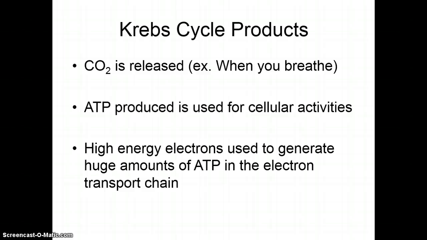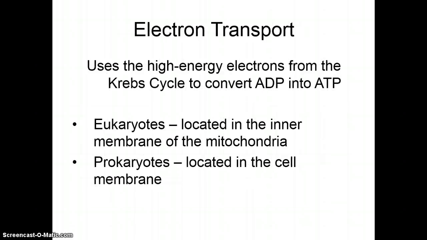So these electrons are being transferred by the NADH, the oven mitt, and the FADH, the other oven mitt, to the electron transport chain, where very high amounts of ATP are going to be created. Electron transport will use the high energy electrons from the Krebs cycle to convert ADP into ATP.